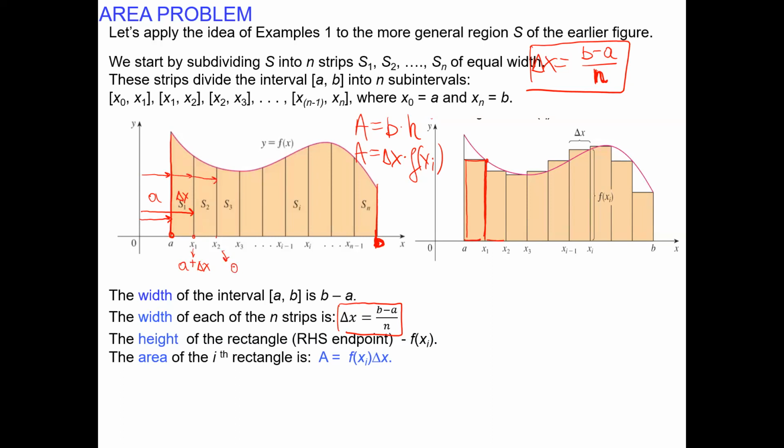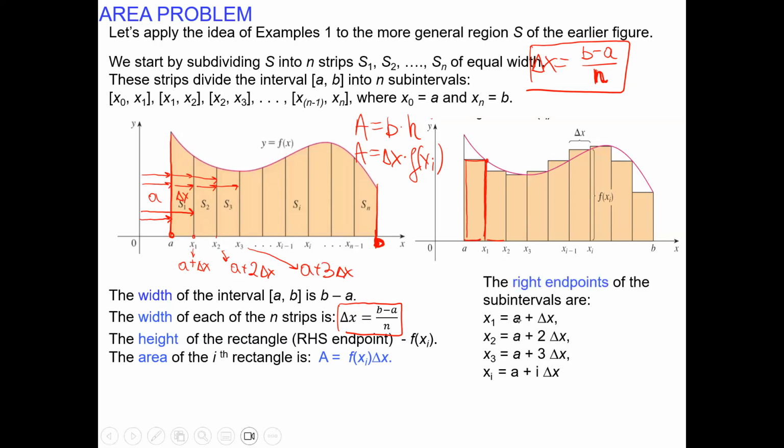That means this point could be a plus 2 times delta x, and so on. The third point could be a plus 3 times delta x. Basically, x sub i in general will be a plus i times delta x.